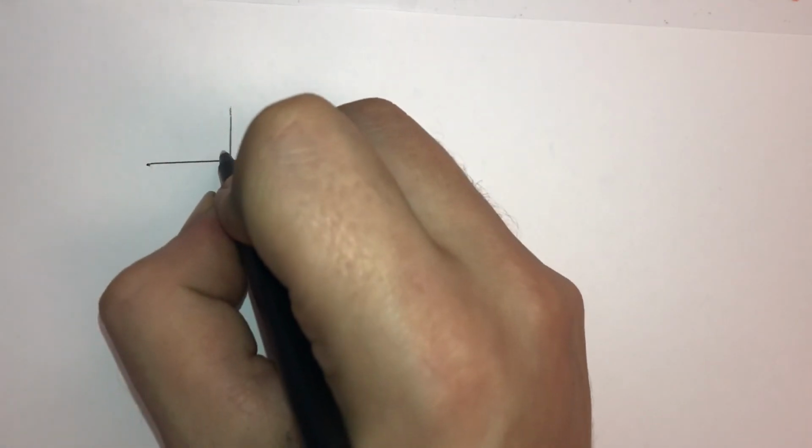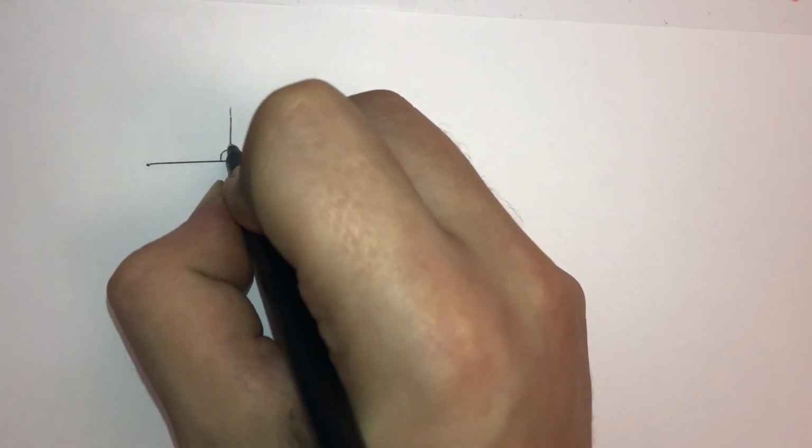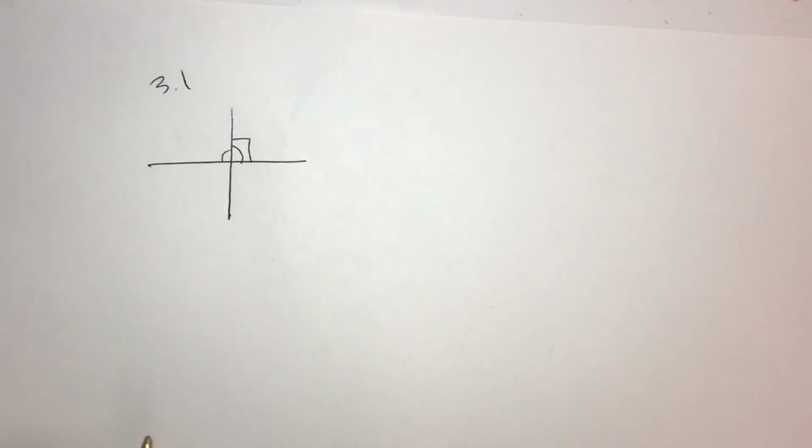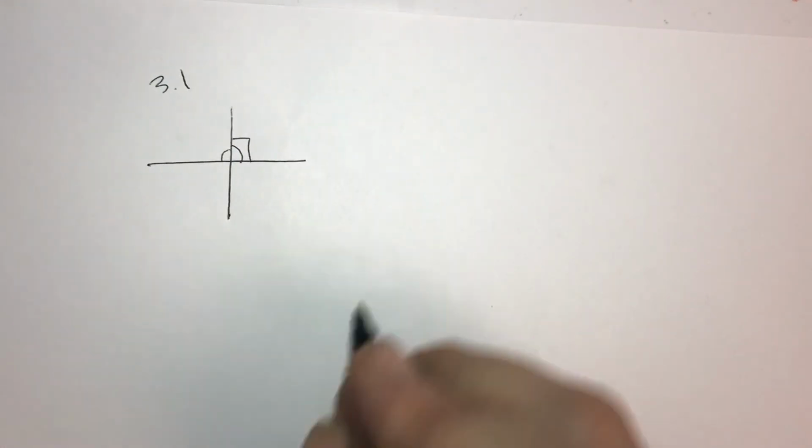The first is that if two angles in a linear pair are congruent, then they're right angles. So if this angle is congruent to this angle, for instance, then they're right angles. Why is that important? Well, if that's a right angle, then those two lines are perpendicular. So that's theorem 3.1. Excuse me, theorem 3.2.